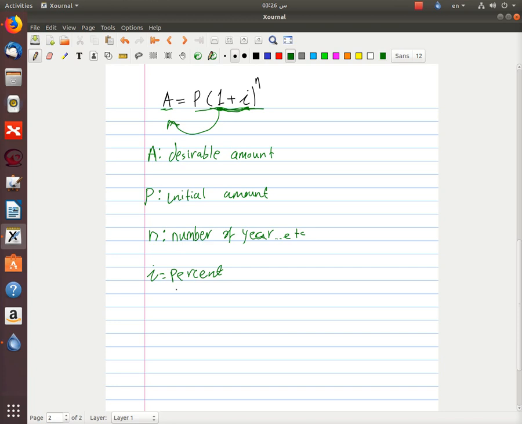I'm just going to put a line here. Suppose that in the first year the interest rate was 5%, and you started with $100. Then you're going to have 105, right? What if you have a second year? How much percent are you going to get?